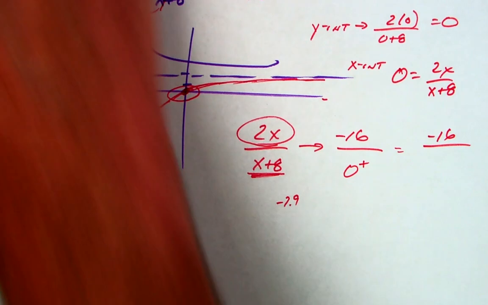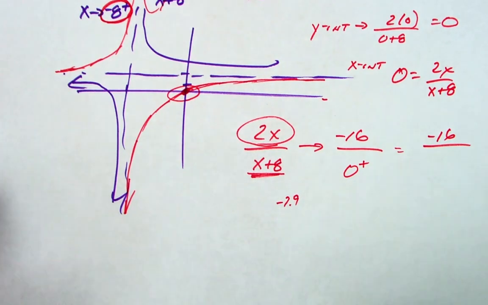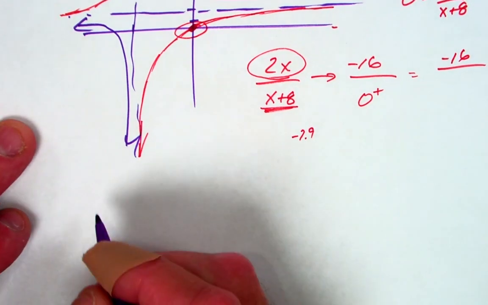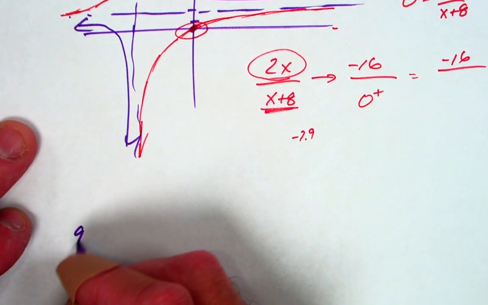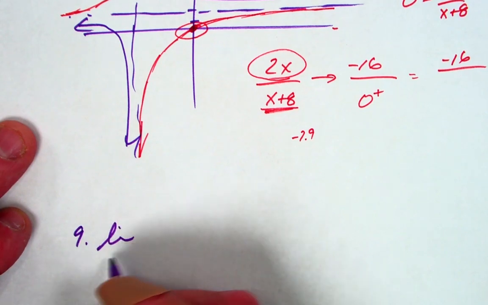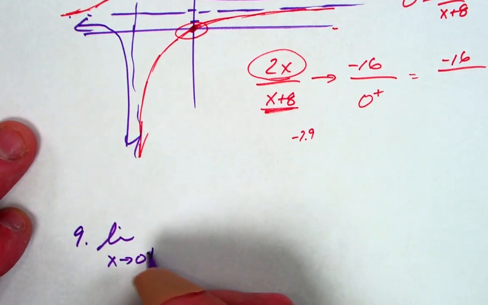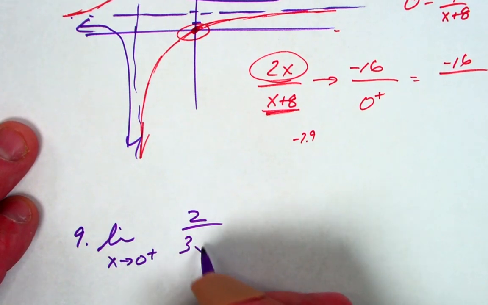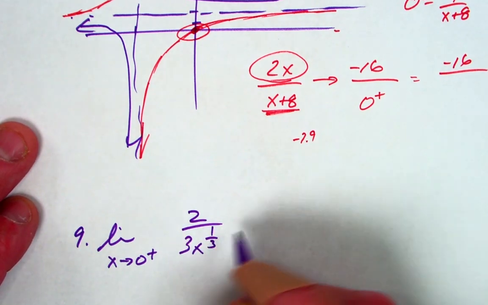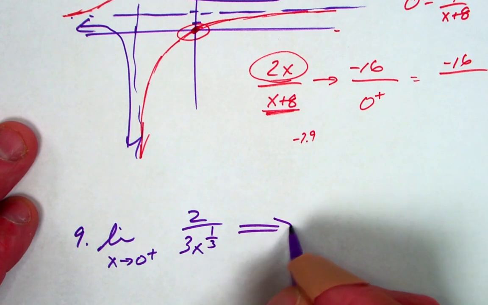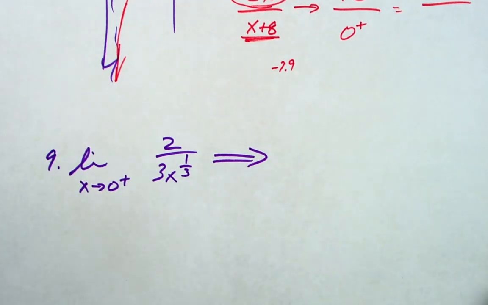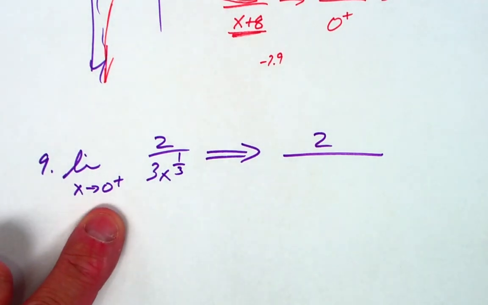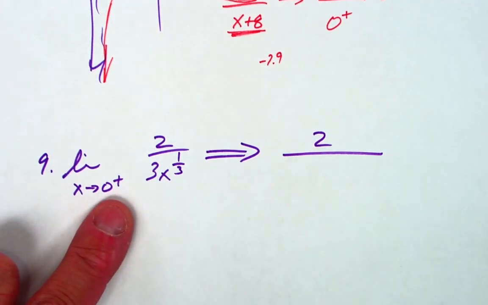Let's try a different one. Let's just go 9. So on this one, obviously the top's just getting closer to 2. Here we're getting closer to 0 from the positive side.